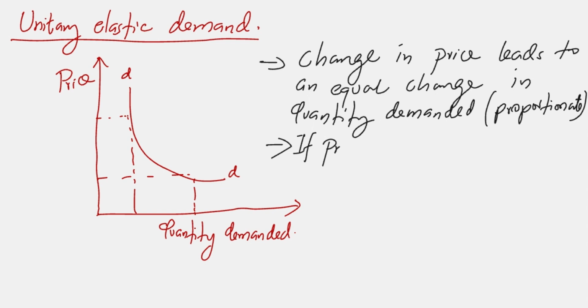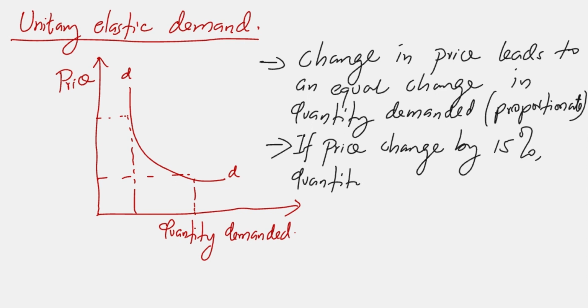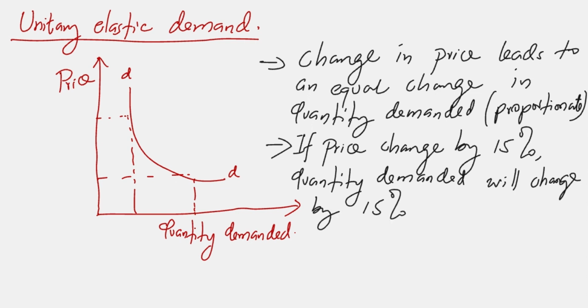For example, if the price changes by 15%, in this case, we expect that the quantity demanded will also change by 15%. If you increase the price by 15%, quantity demanded will decrease by 15%, and it usually has a PED of 1 if you do the calculation.